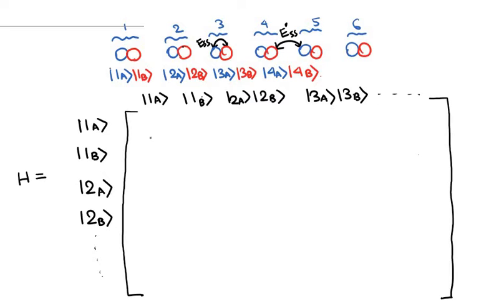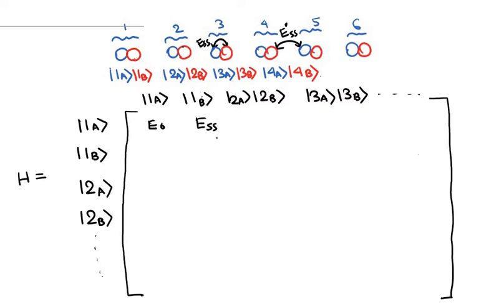So this term over here is the coupling of the first atom in the first unit cell with itself, and we write it as E0 just like before. The second one is the coupling between the first and the second atom in the first unit cell. As I said earlier, this term is ESS.